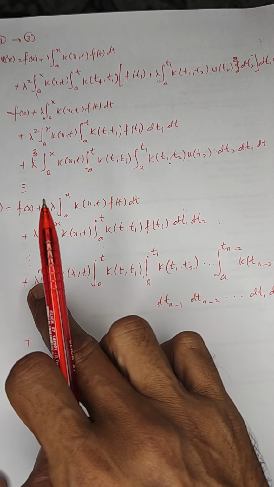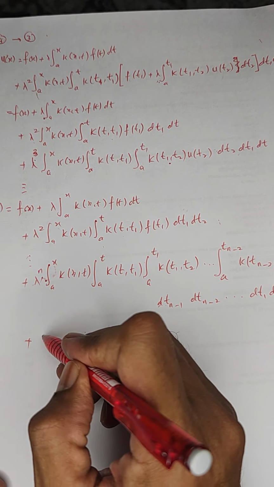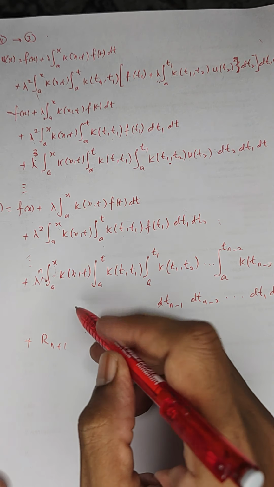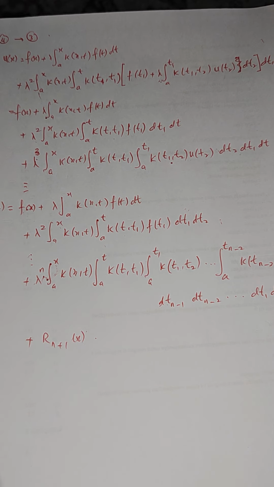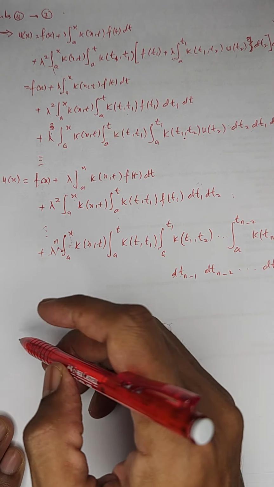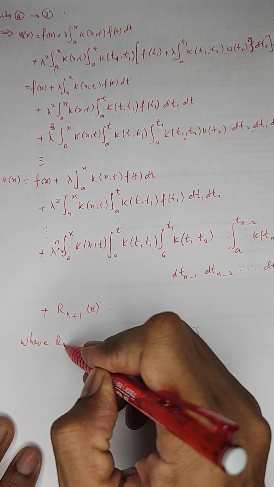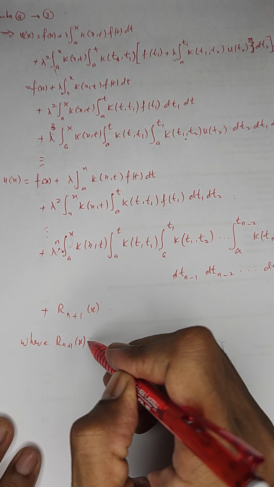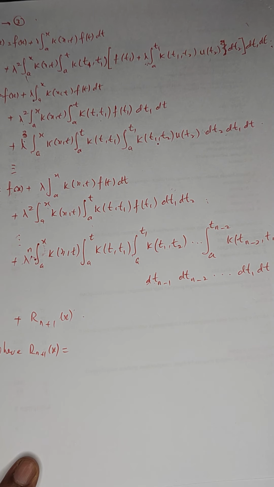This is for the n plus 1 terms. Then we have the n plus 2 term, which we write as R(n+1)(x).